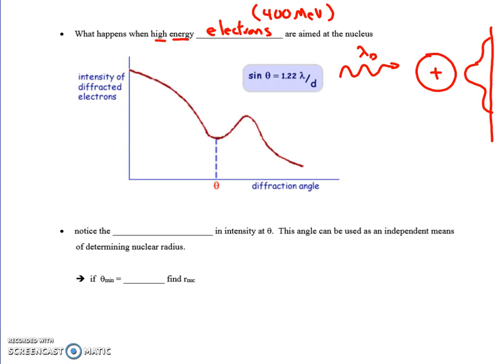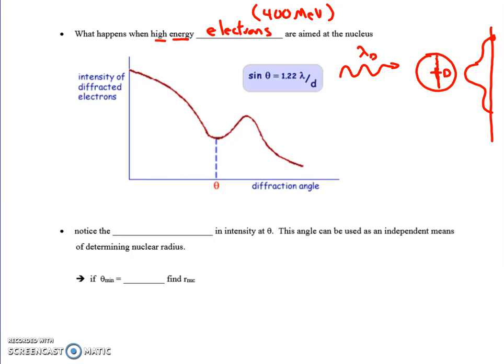And based on the angle that it diffracts, this first minimum, we can use that angle and knowledge of its wavelength to determine the size of this object, which we'll call d right now. Okay, so it's a clever little way of determining nuclear size by using diffraction.